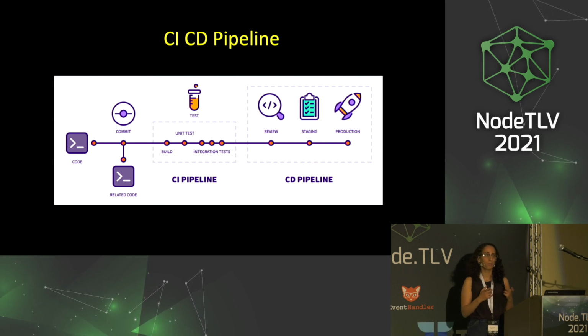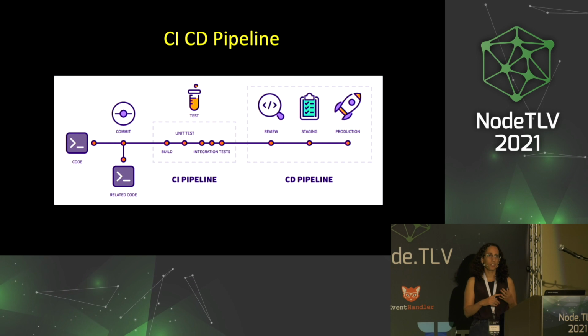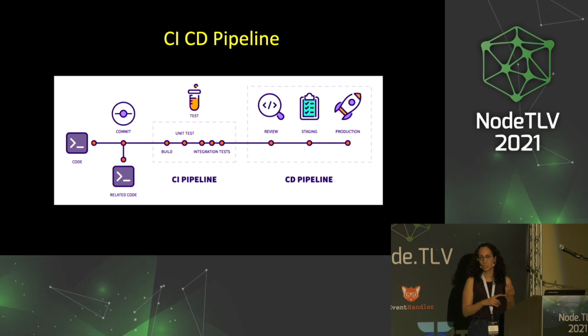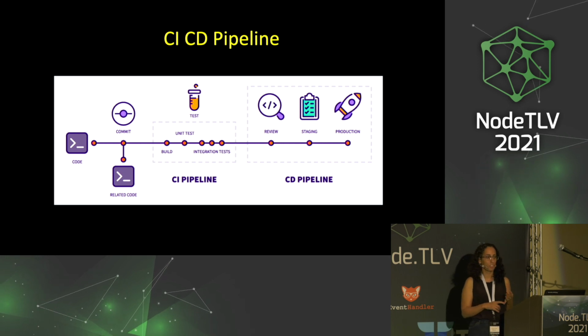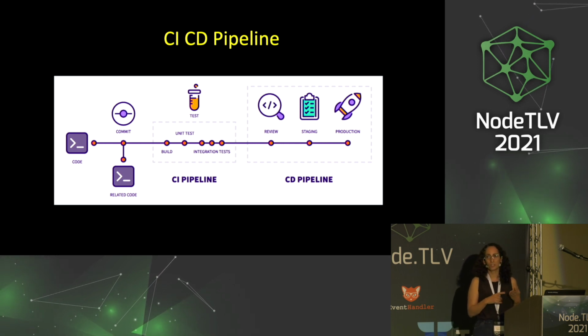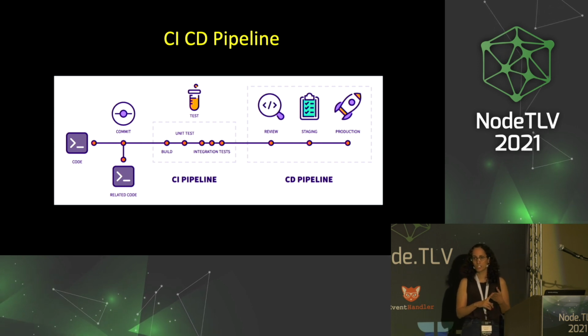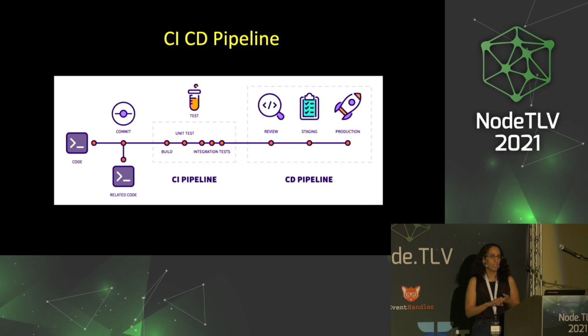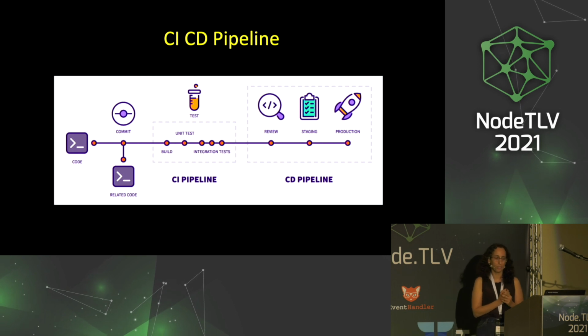When you only open the PR, you usually have tests that are running and let you know if it's OK to merge it into the master branch or not. You can even have a person do a code review. It's very recommended that someone reviews the code before it's merged. And after you merge it, you probably want to also deploy it to some kind of testing environment or staging environment where you can run all kinds of integration tests on a live environment. And if everything is working as it should, to also deploy it to production.